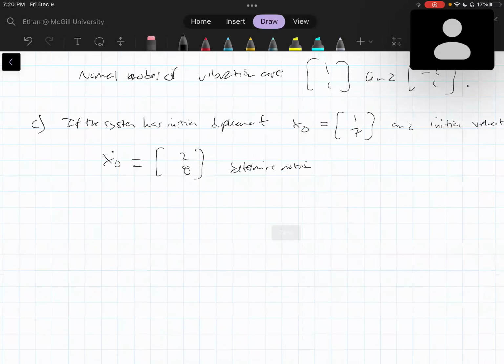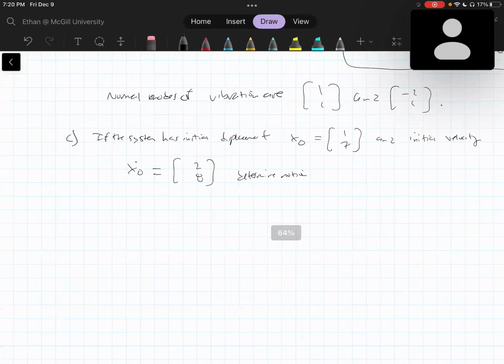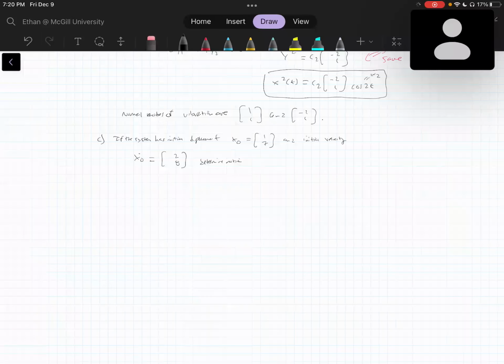Okay, so the total motion of the system can be found as follows.